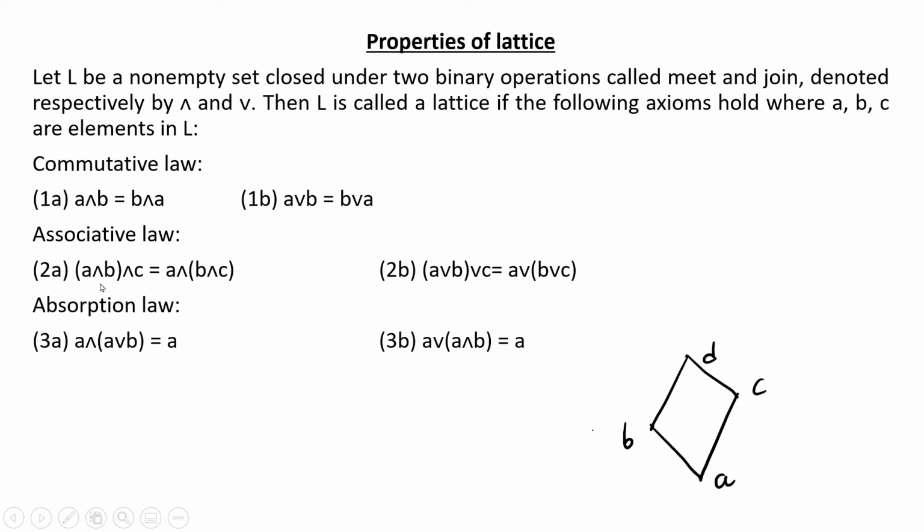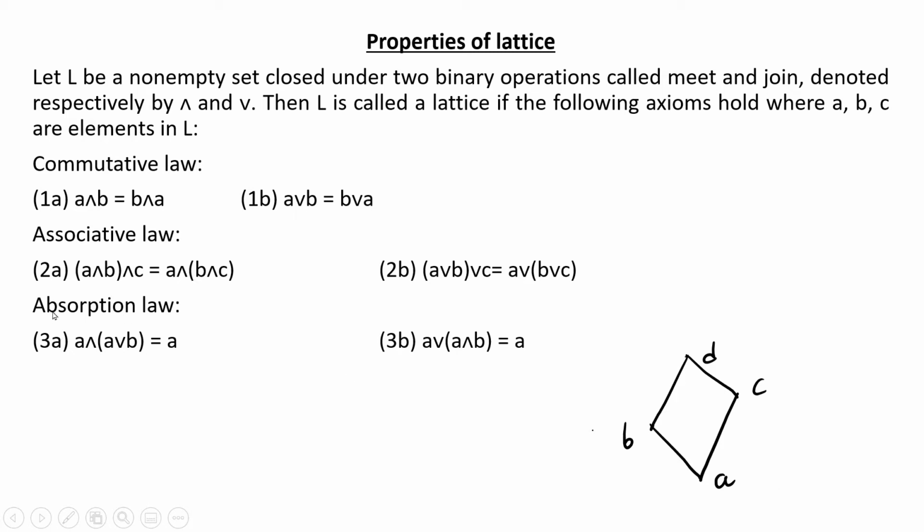So you can verify this from this lattice. So A meet B would be, so greatest lower bound, so A meet B would be A, then A meet C would be A, then B meet C would be A, then A meet A would be A.